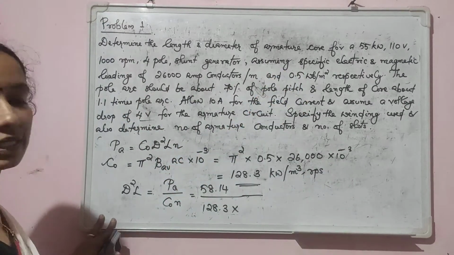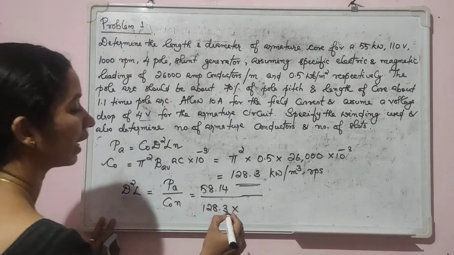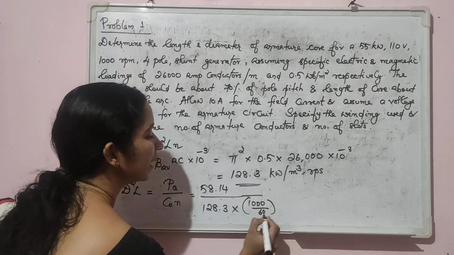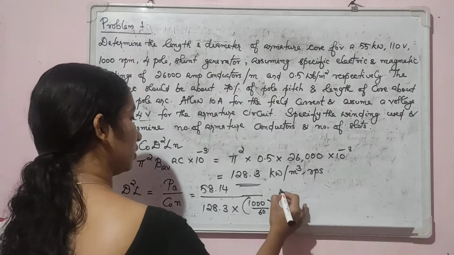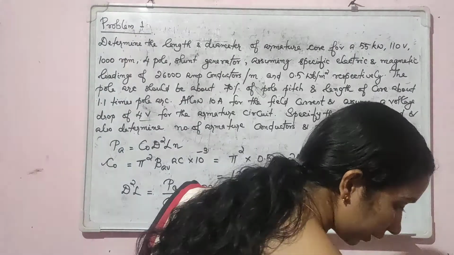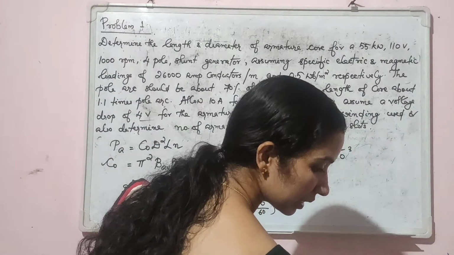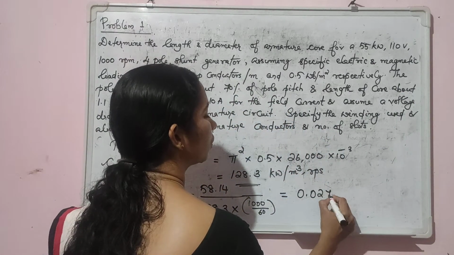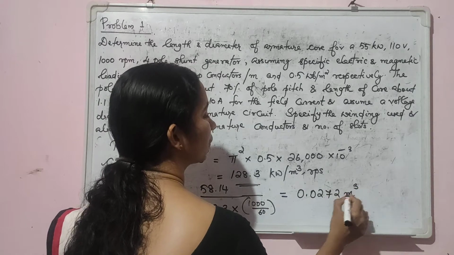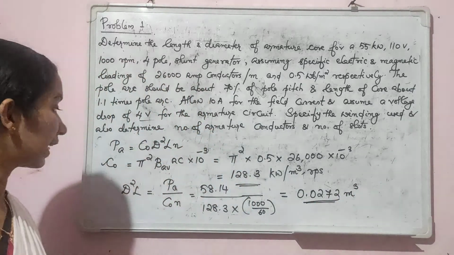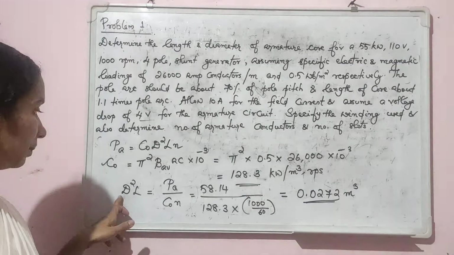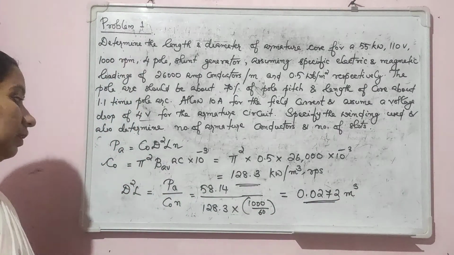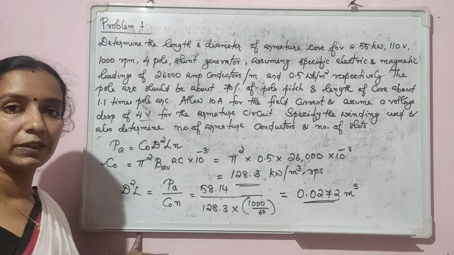Speed in RPM is given as 1000, so we substitute 1000 divided by 60, which is the speed in RPS. So you will get D square L as 0.0272 meter cube. D square into L is meter square into meter, so the unit will be meter cube. So we have got the value of D square L.